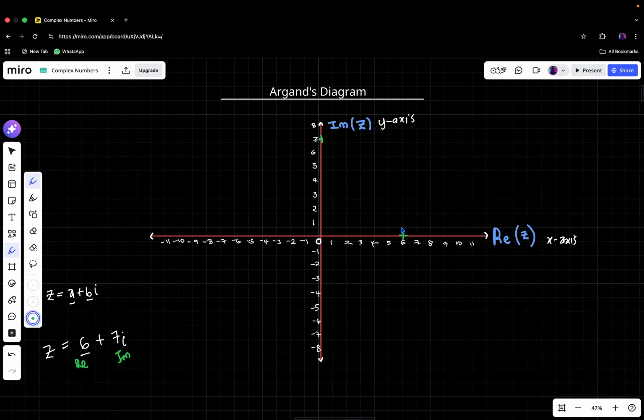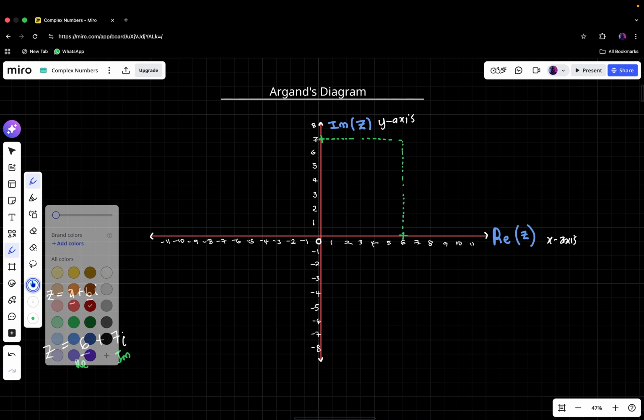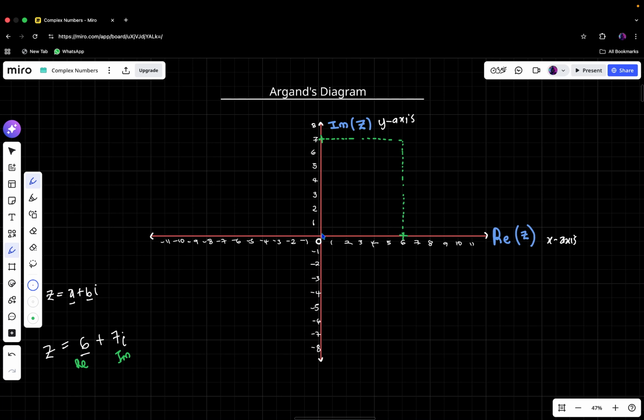Not always easier, but I prefer starting from the real. So we draw a straight line till we get to 7, and then we also match it up. So the final representation would be something like this.